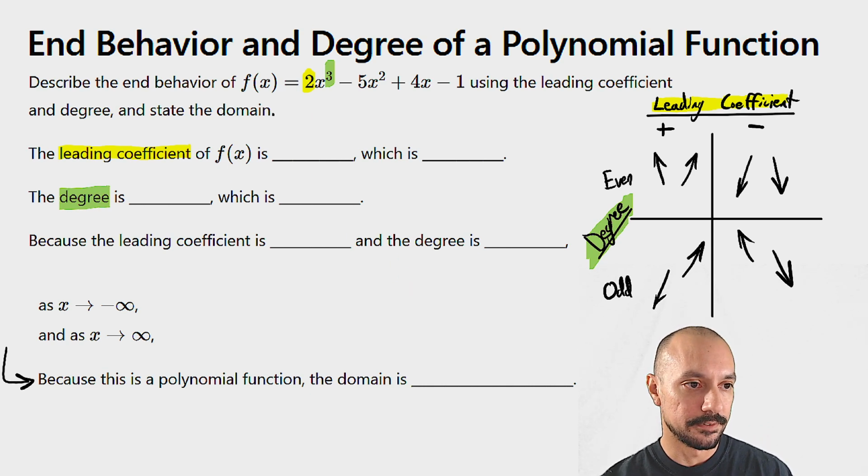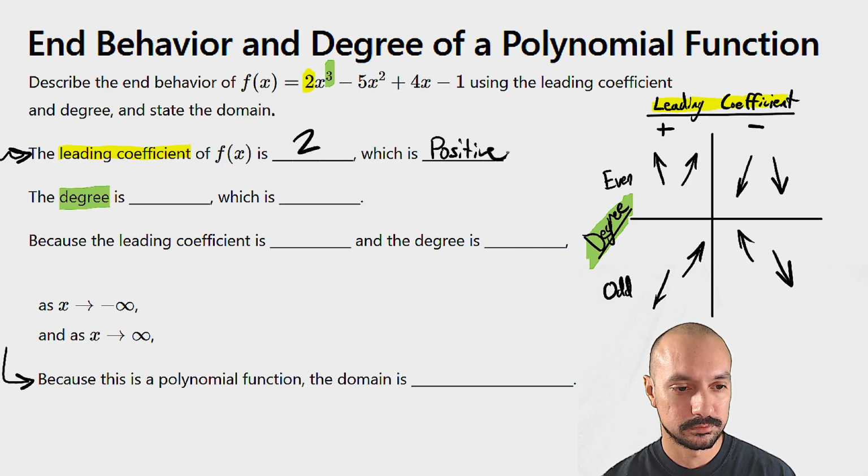In this case, the first sentence says the leading coefficient of f of x is 2, which is positive. The degree is 3, which is odd.